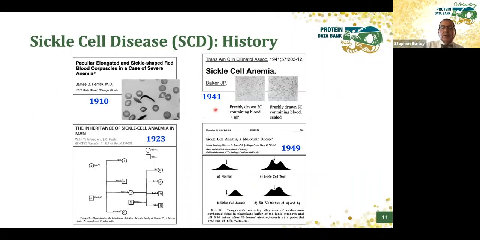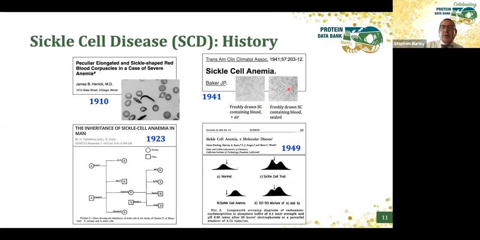In the 1940s, it was determined that it was the deoxygenated form of the oxygen-carrying molecule hemoglobin that was responsible for the sickling. So you see this black and white light micrograph here, showing normal shaped red blood cells that are in blood that's been exposed to air.